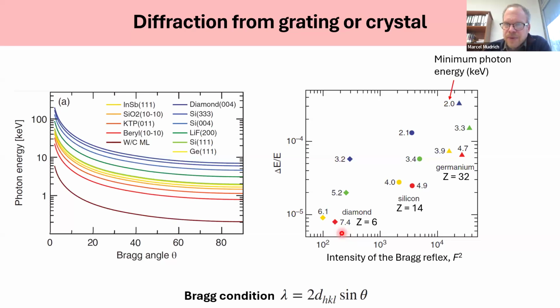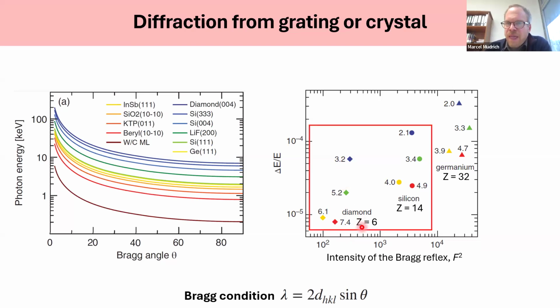This shows the minimum, the number just always shows the minimum photon energy, but this is quite similar. Or if we want to go to the highest hard X-ray beamlines, then it would have to be diamond here. Diamond is most efficient in the hard X-ray range.